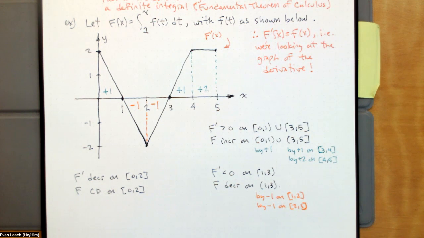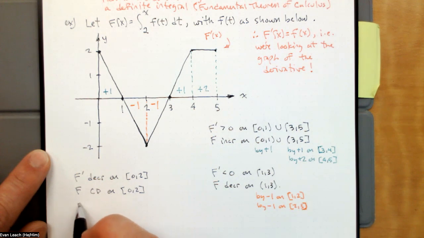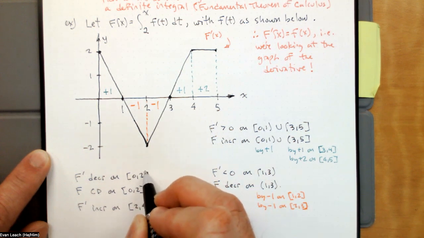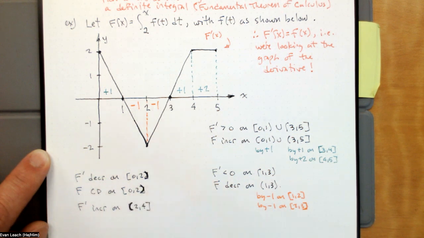Concave down and increasing, then concave down and decreasing. And then from 2 to 4, the derivative is increasing, so the function will be concave up. So our function will be concave up on the interval from 2 to 4.